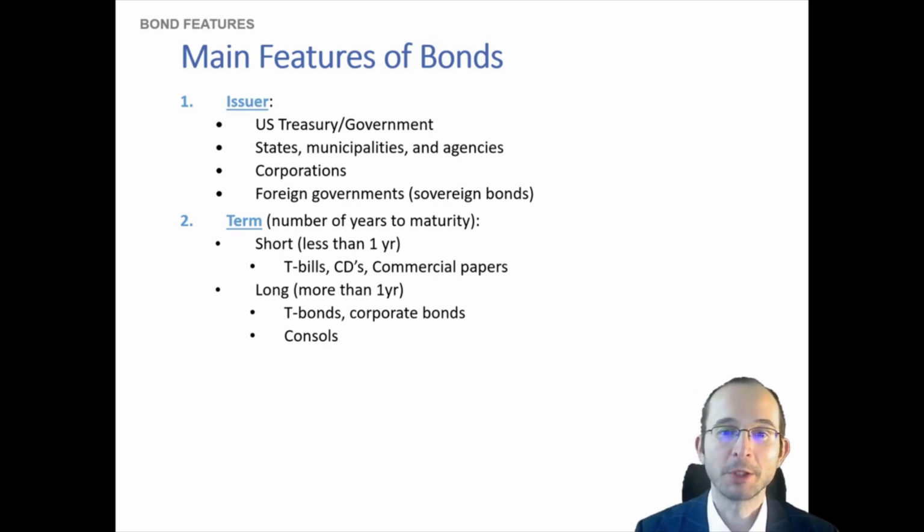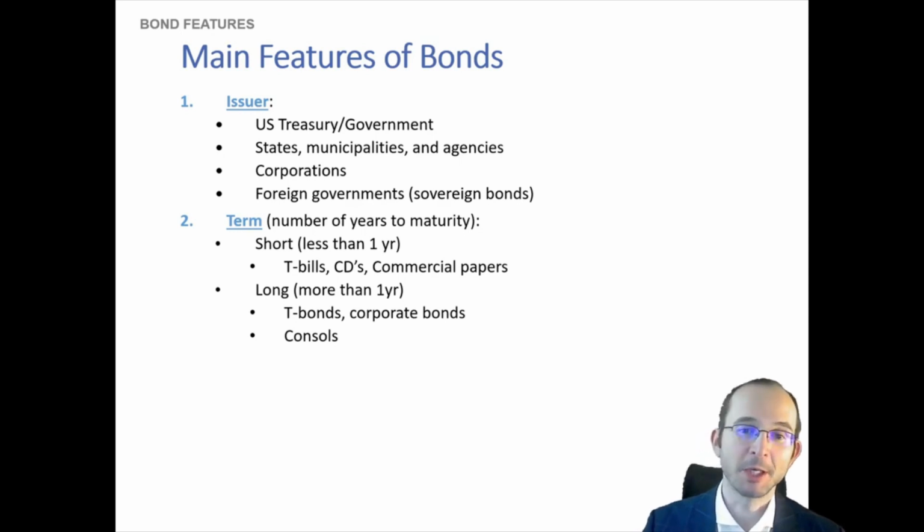And for long maturities, we can have things like treasury bonds, corporate bonds, and indeed a special type of bond called a consol, which is a perpetual bond. These are relatively rare, but you can think of these as similar to the preferred stock example from our financial asset lecture. Essentially, this is just a financial asset that pays a continuous stream of interest payments, but never comes due. You never actually get your principal back. You just keep receiving a certain coupon payment forever.